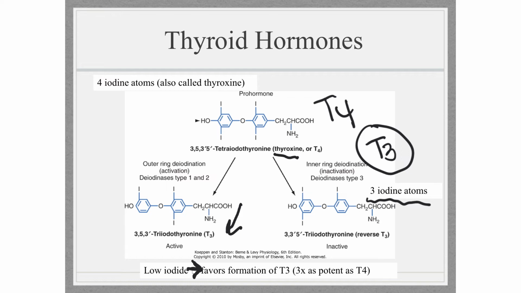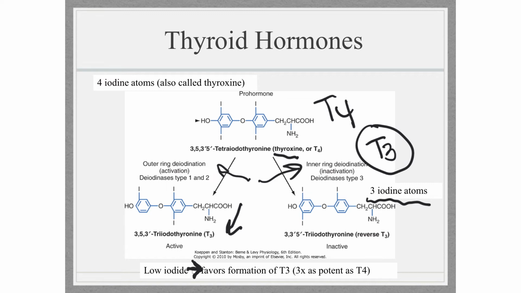Whenever T4 is around in the body, there are various enzymes like deiodinases, enzymes that take off an iodine, which will turn T4 into either an active or inactive form of T3. When there are cases of low iodide, in that somebody is consuming low levels in their diet, the body tends to favor formation of T3 over T4.